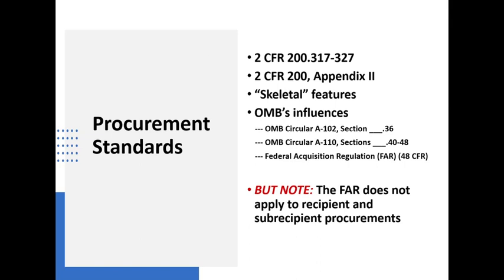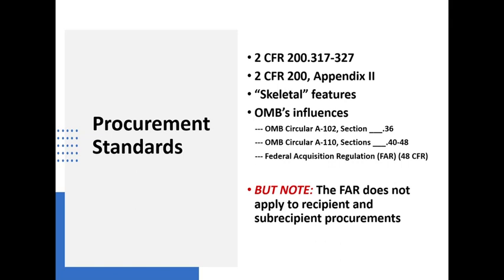And not surprisingly, particularly in the aftermath of the pandemic, and the amount of federal funding that's been forthcoming, the Federal Acquisition Regulation has certainly received a lot of attention in terms of how the federal government would proceed to buy some of the things it has had to buy, like vaccines, for example. Now, as the slide points out, these sections related to grantee procurement are really skeletal features. You're going to be adding some detail to your own policies to flesh those skeletal features out.